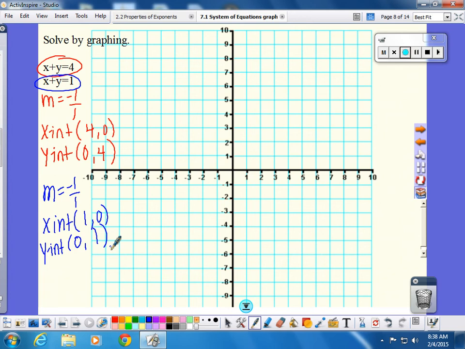Alright, so I think I'm doing blue right now. So here's the X, here's the Y, here's a negative 1 slope. Up one to the left one, down one to the right one.